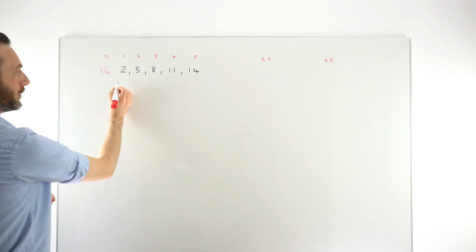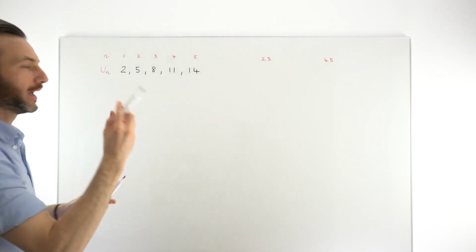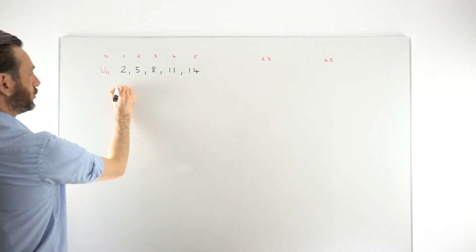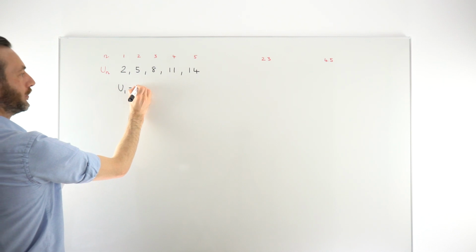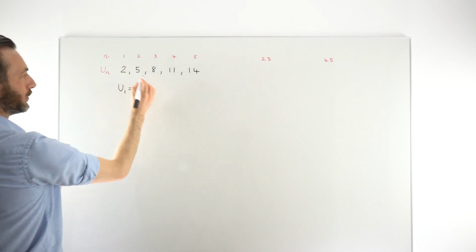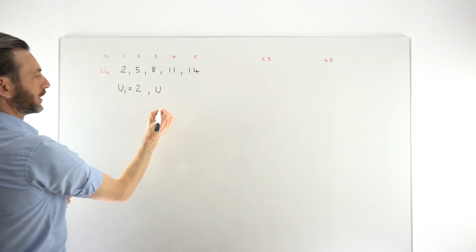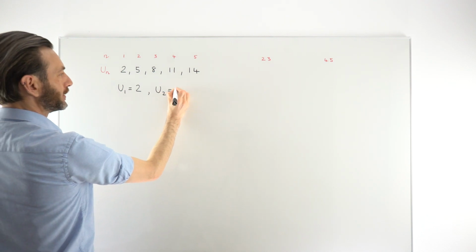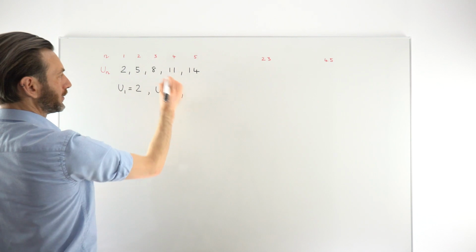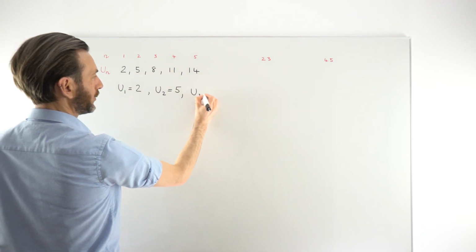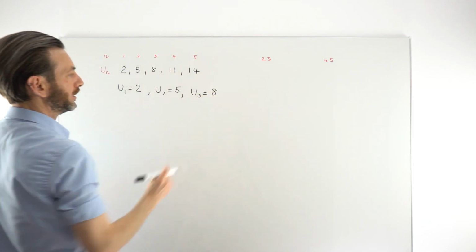So we could write, for example, that u sub 1, so the first term in the sequence, is the number 2. u sub 2 equals 5, the second term in the sequence is 5, etc. u sub 3 equals 8. Okay, so you get the idea, that's just the notation for that.